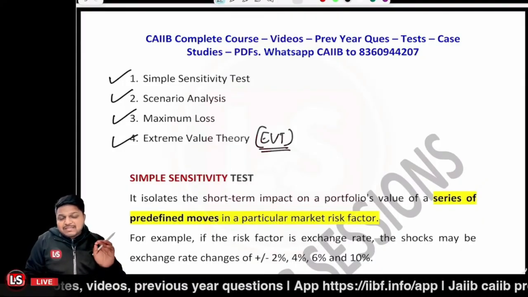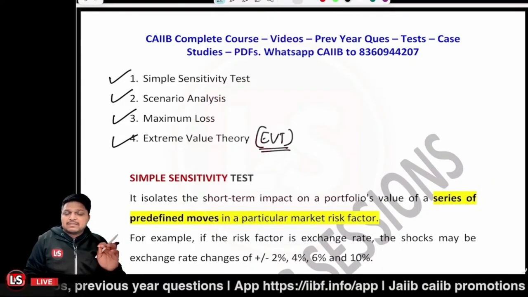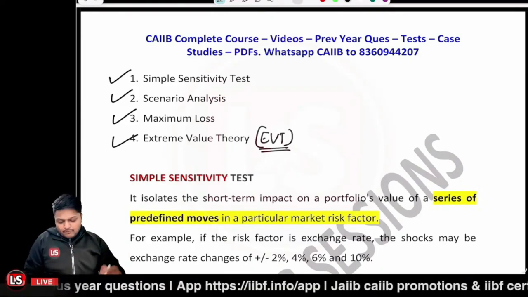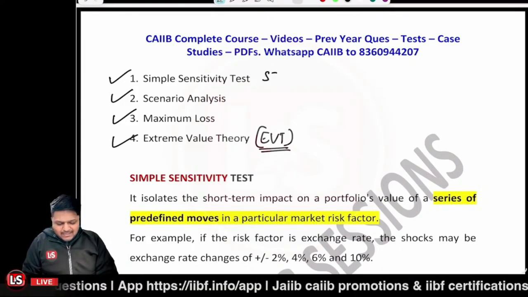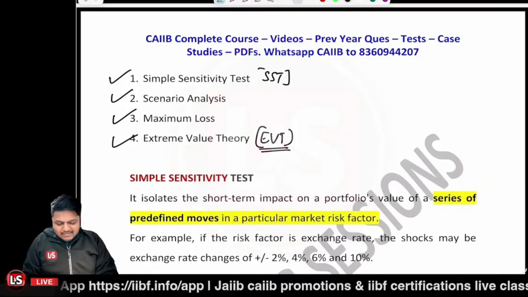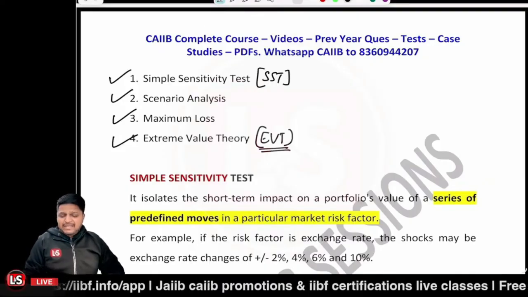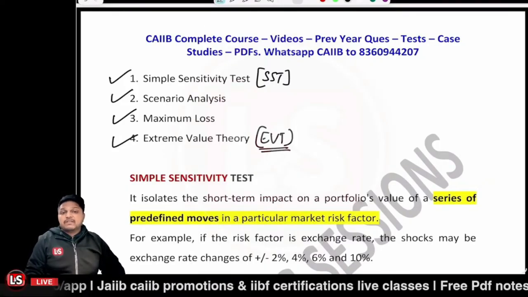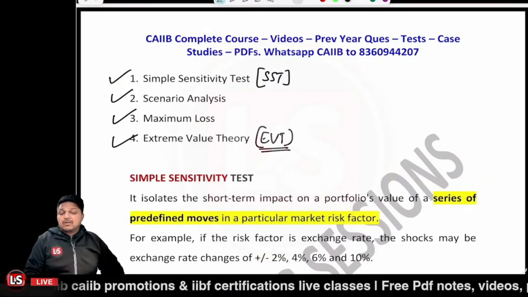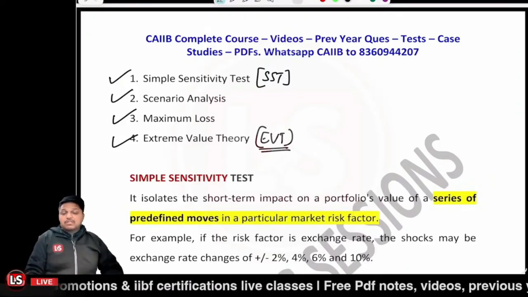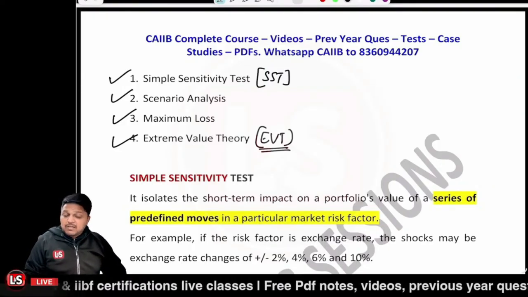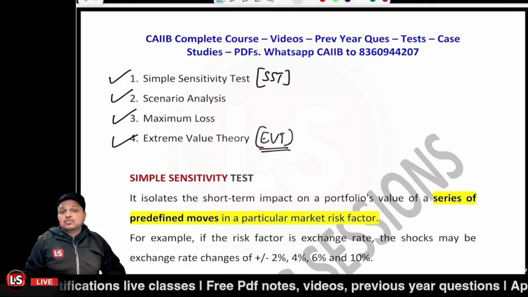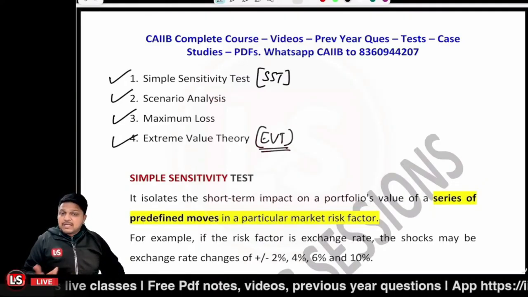That is the part we consider for the simple sensitivity test, SST. So for SST, or simple sensitivity test, we assume one single risk factor and assume that the other risk factors are constant.